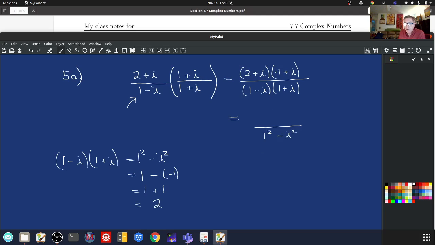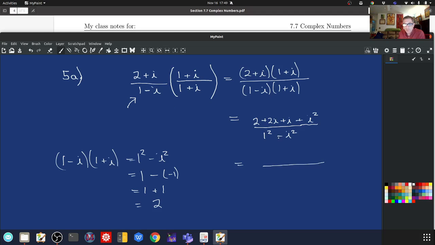Now we can FOIL the top. 2 times 1 is 2. 2 times i is plus 2i. i times 1 is just 1i. And i times i is i squared. So let's go ahead and simplify.